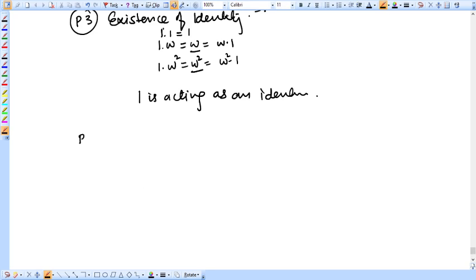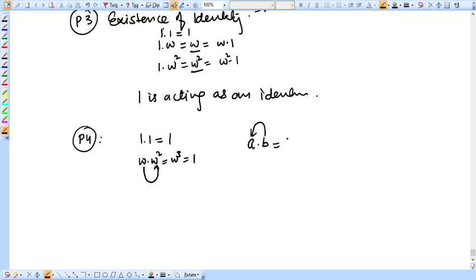Now the property for existence of inverse. So see, what is the inverse of 1? The inverse of 1 is itself, right? So what is the inverse of omega? If you multiply omega with omega square, we get omega cube, which is equal to 1. So we can say the inverse of omega is omega square. Because b is called the inverse of a if a times b is equal to the identity element, and here the identity element is 1.